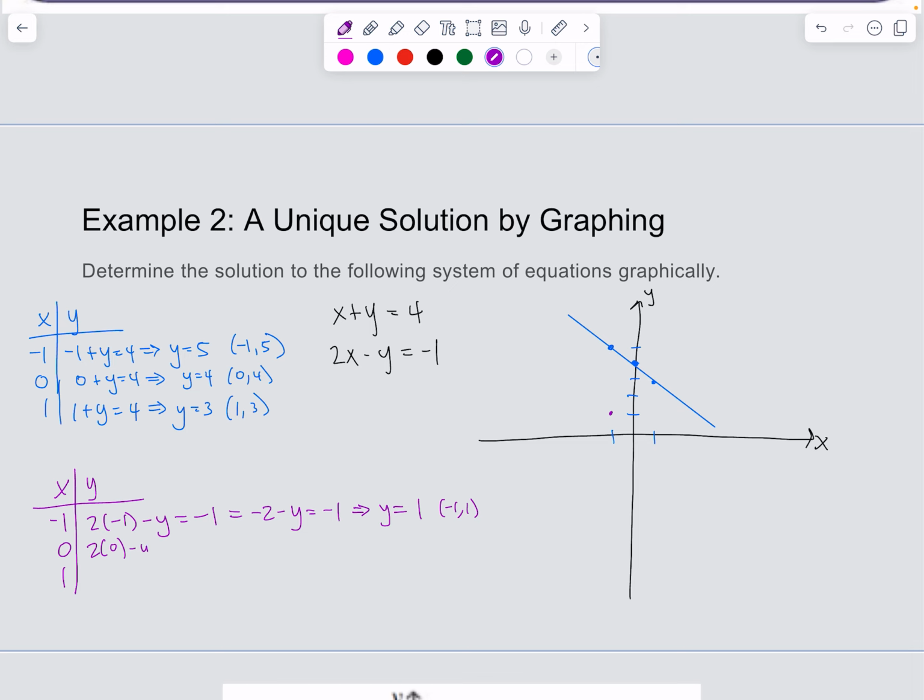Next, 2 times 0 minus y equals -1. That tells us y equals 1. Zero, 1. Okay, hold on. This guy's actually below the axes.